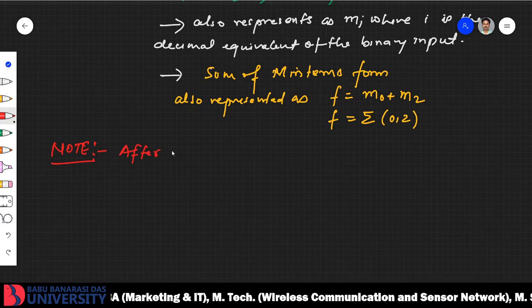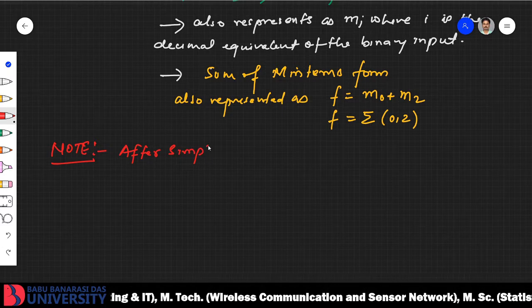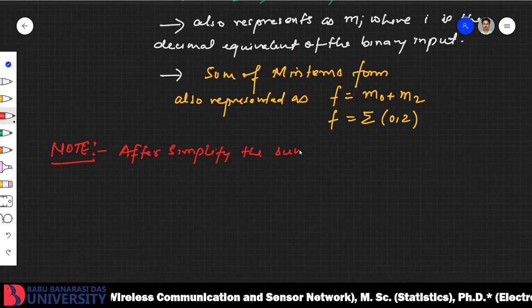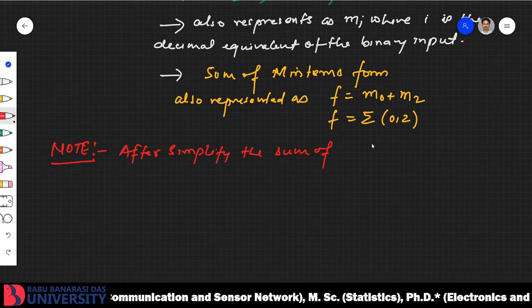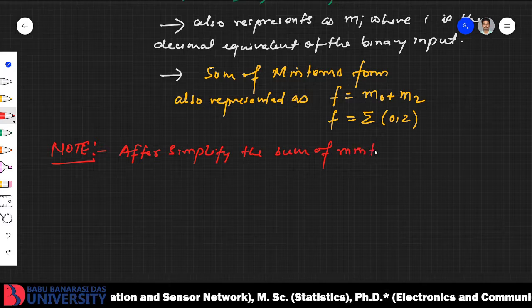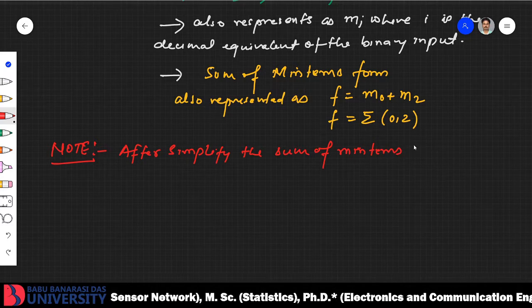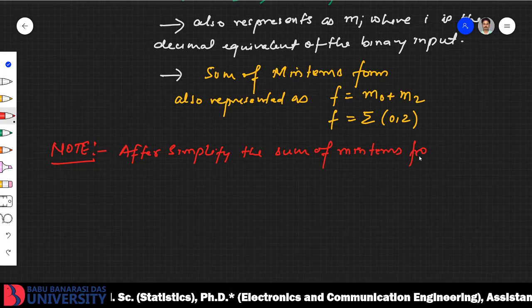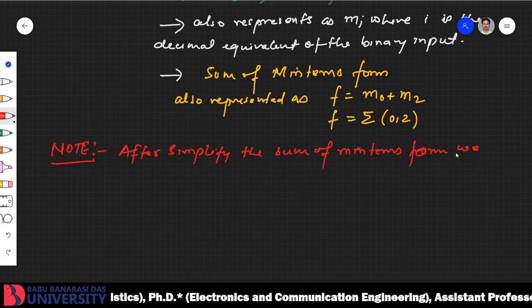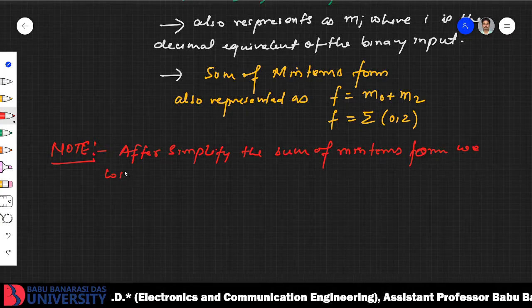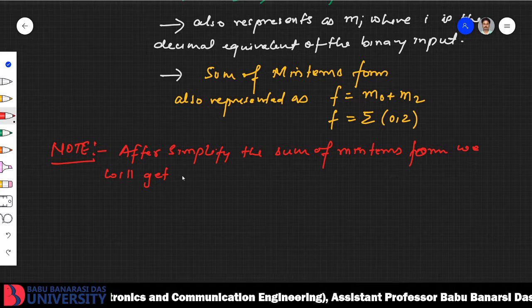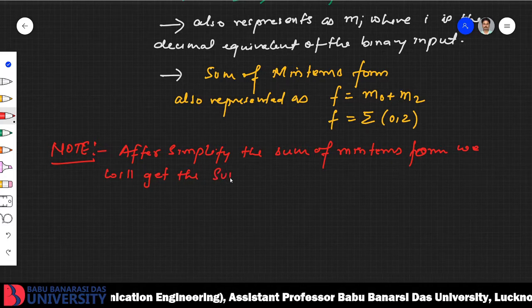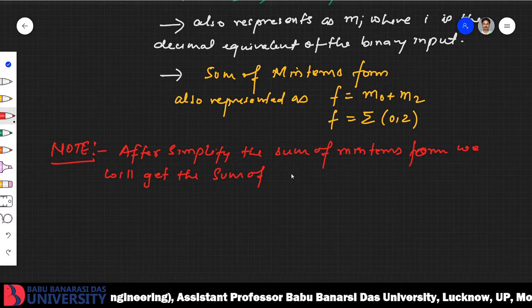After simplifying the sum of minterms form, we will get the sum of product form.